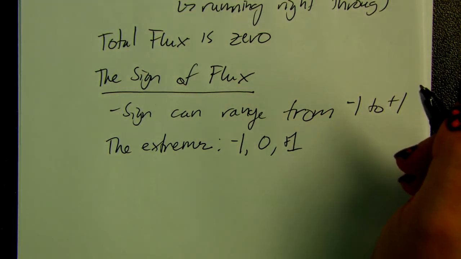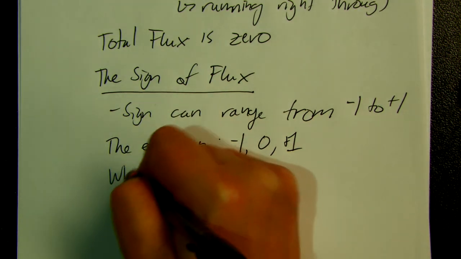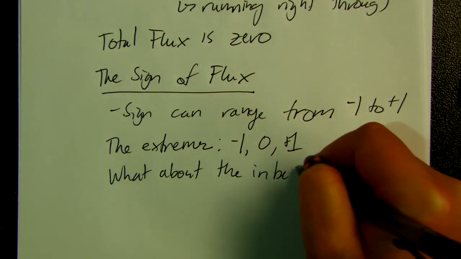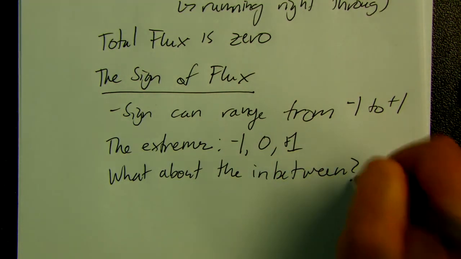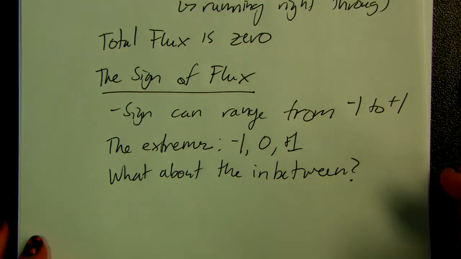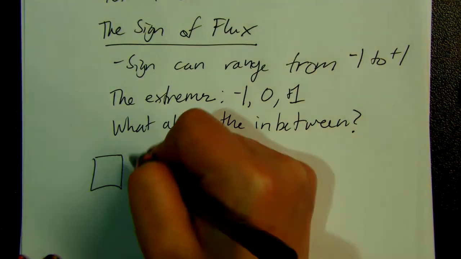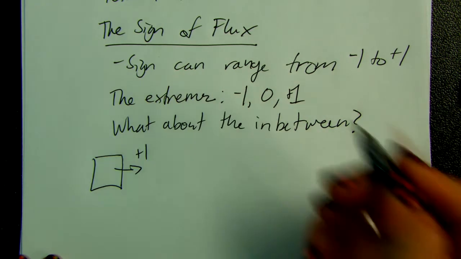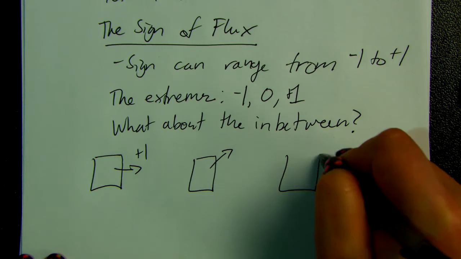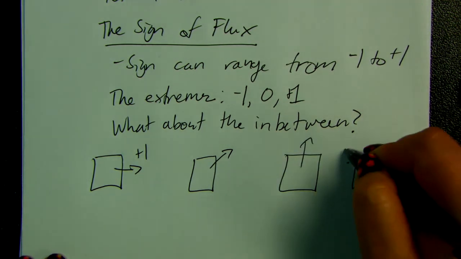All right, now let's look at how we deal with the in-betweens. Let's look at the electric field with a couple of different angles. Here we've got, this would be +1. This would be a little less.